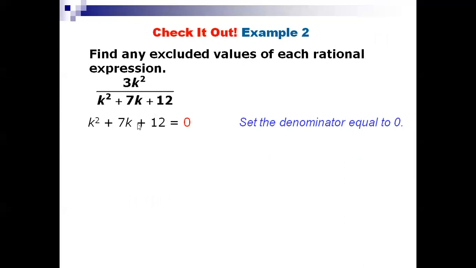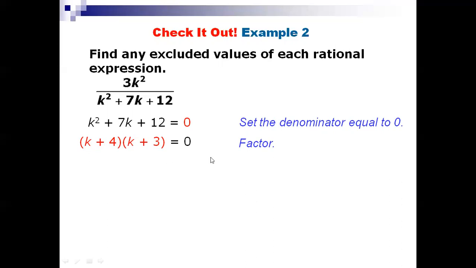Check the possible factors of 12 that would give you a sum of 7. Do we have that? Yes, we have. What are those factors? We have 4 and 3. So the factored form of the left side is k plus 4 times k plus 3. 4 times 3 is 12. 4k plus 3k is 7k.